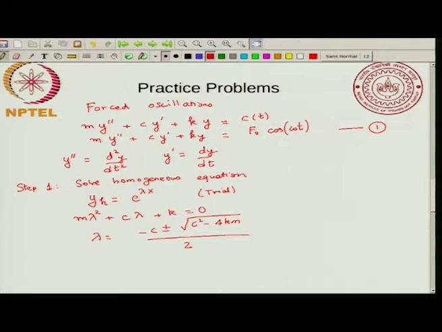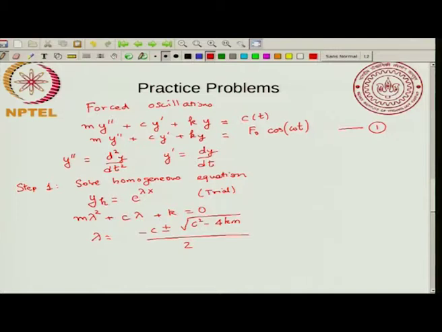If c square minus 4 k m is less than 0, then you get oscillatory solutions. If c square minus 4 k m is greater than 0, then you get only exponential solutions. If it is equal to 0, then you are right at the critical point where both the values of lambda become concurrent.